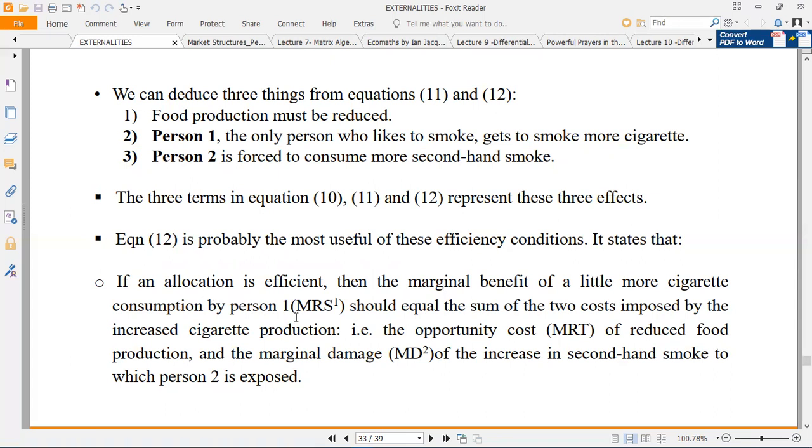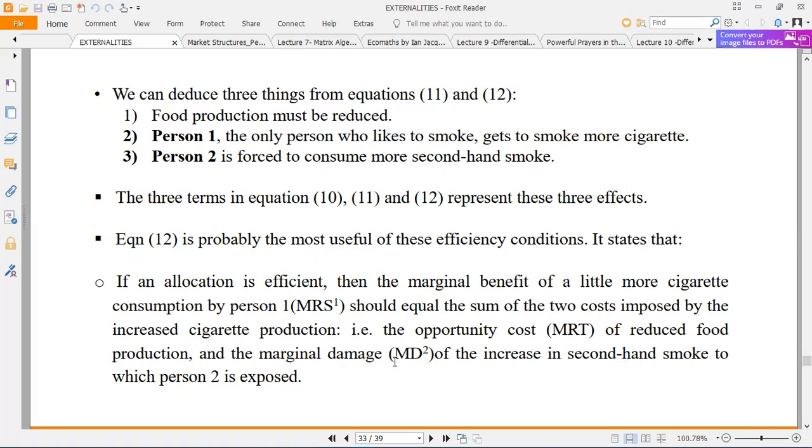The first cost is the opportunity cost of producing more cigarettes, measured by the marginal rate of transformation. As you are reducing food, you are bearing an opportunity cost measured by the marginal rate of transformation. And then the marginal damage is also a cost. Whenever you increase the consumption of smoke, you are causing an increase in secondhand smoking, so there's going to be an increase in the marginal damage.